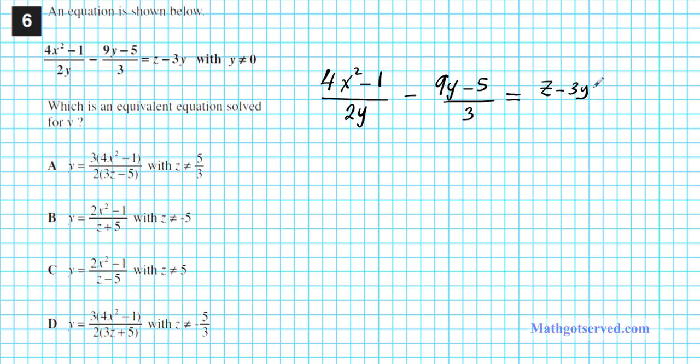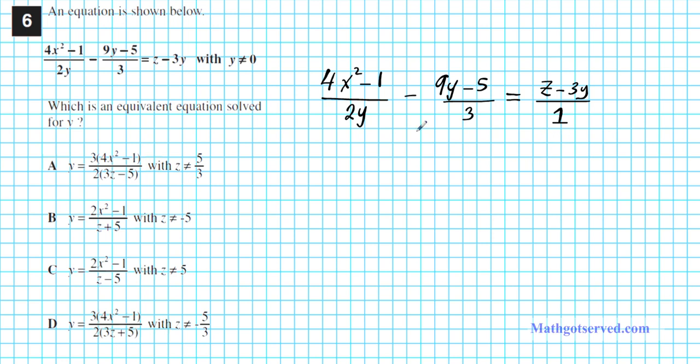Since this expression has no denominator, I'll divide it by 1. That's the default denominator. Now, I'd like to get rid of the denominators, 2y, 3, and 1. In order to accomplish that, I'll multiply each term or each expression by the LCD.